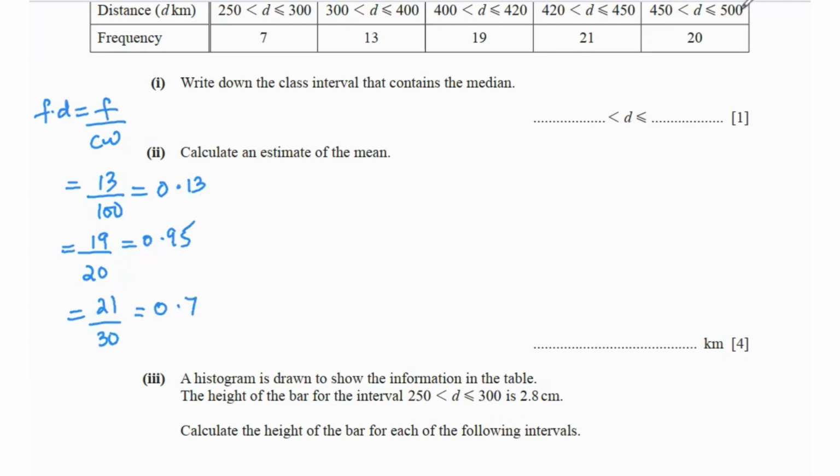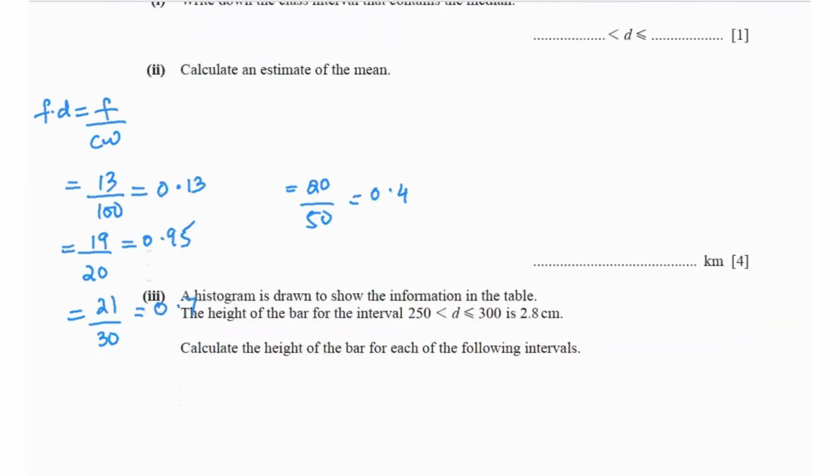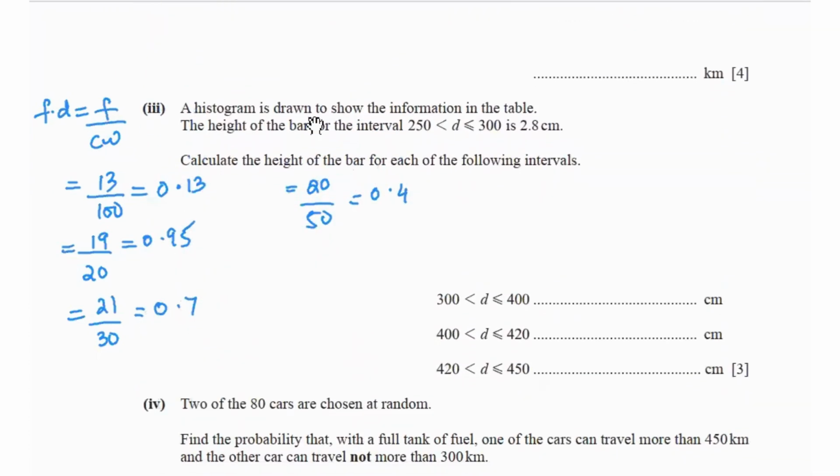And for 450 to 500, that's going to be 20 over 50, which is 0.4. So they want the height for the intervals 300 to 400, 400 to 420, and 420 to 450.